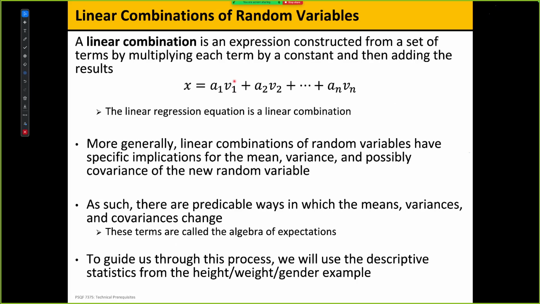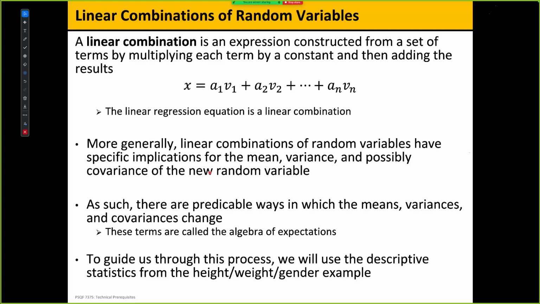So a linear combination of random variables. A linear combination is a variable x created by taking values of, like this, new, those are our random variables, multiplied by some constant, through n, right? So linear regression is an example of a linear combination, right? More generally, linear combinations of random variables have specific implications for the mean, variance, and possibly covariance.